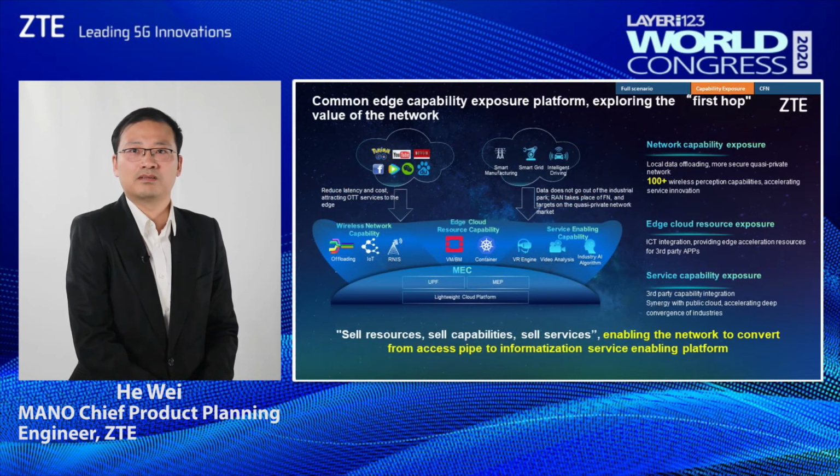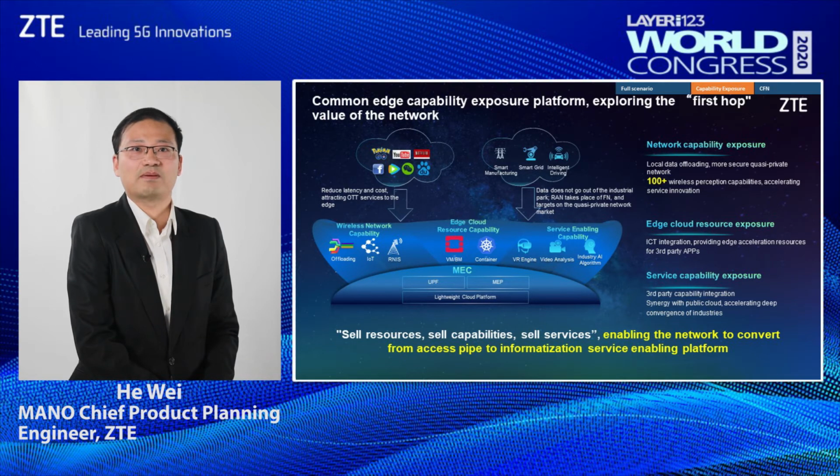With programmable network as the core, the ICT convergence platform is built. Common Edge provides industry-leading capability exposure system architecture, including network capability, edge cloud resource capability, and service enabling capability.